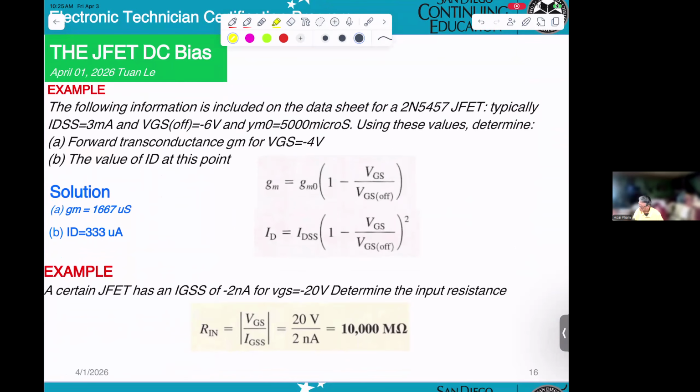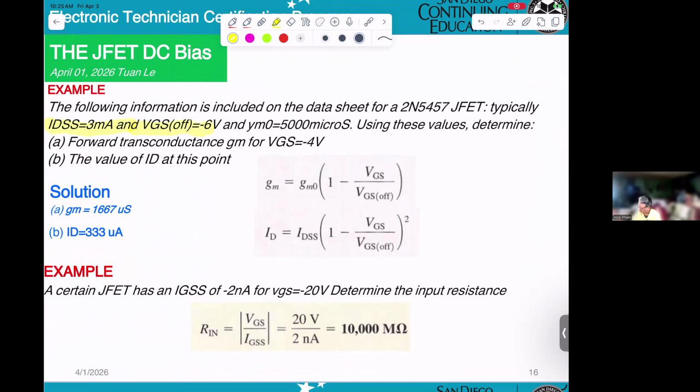Example. The following information is included on the data sheet for a JFET, typically IDSS and VGS off.